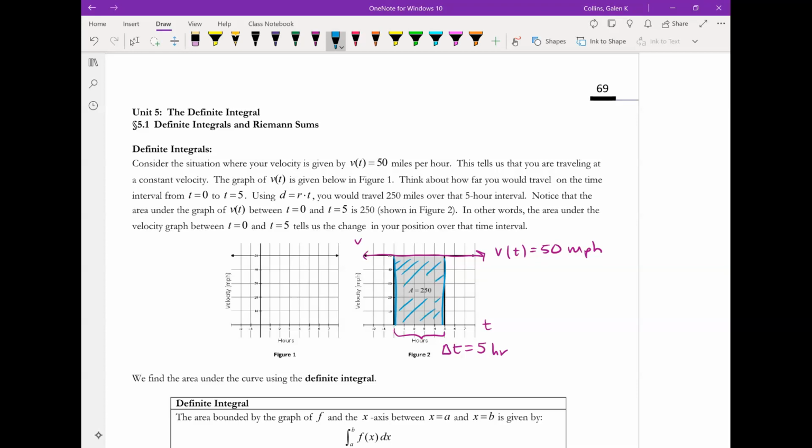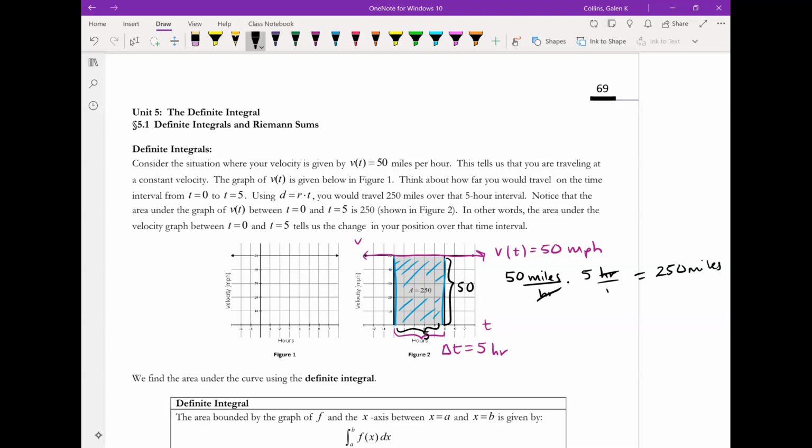And when we calculate the area of that rectangle, well, the height of the rectangle is 50, and the base of the rectangle is 5, and 50 times 5 is 250. I also know that if I multiply 50 miles per hour times 5 hours, we get 250 miles.